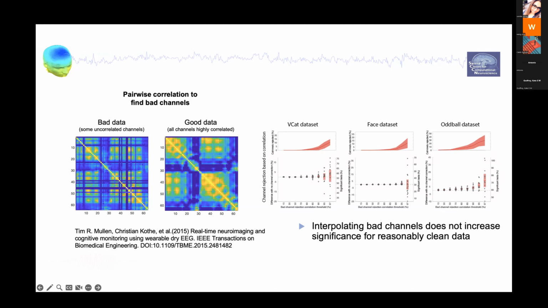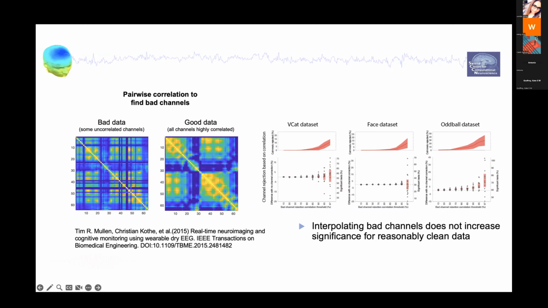You see here from 15% to 97% correlation, and this is the amount of channels rejected. And you see that even when you reject tons of channels, here it goes up to 30% of channels, you do get a performance improvement of about 10%, but you do lose also a lot of data.